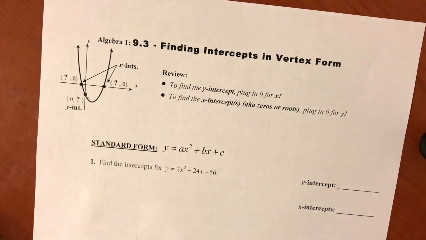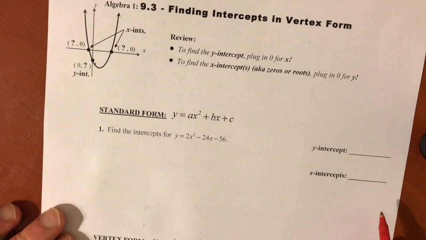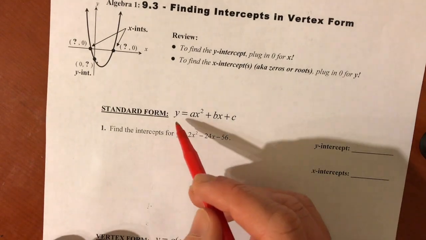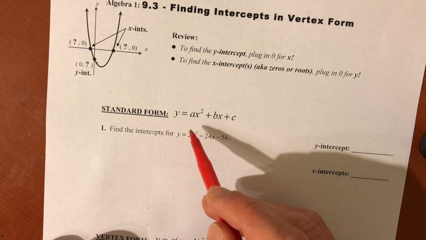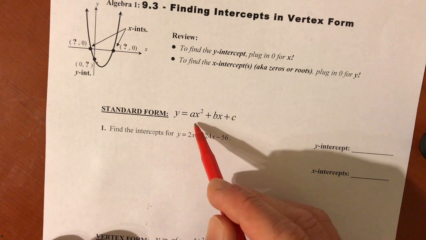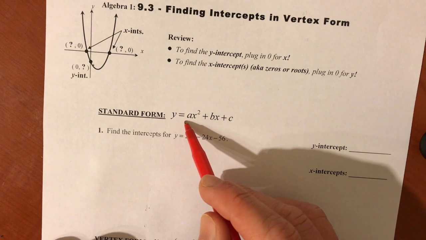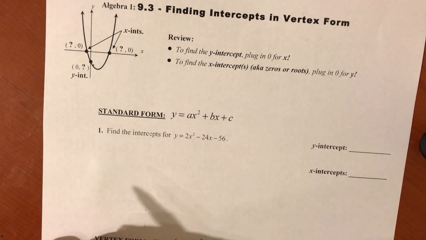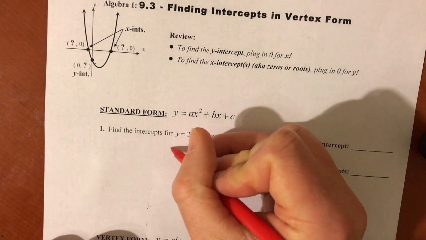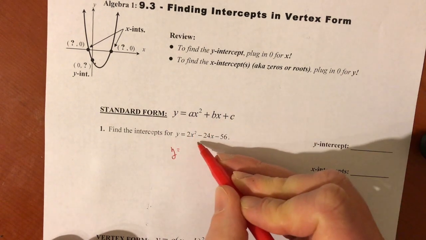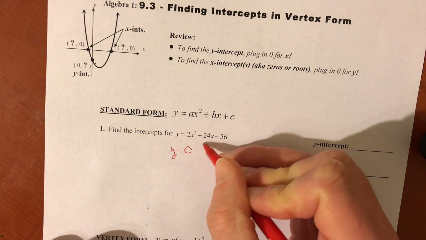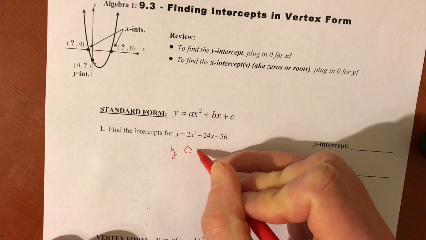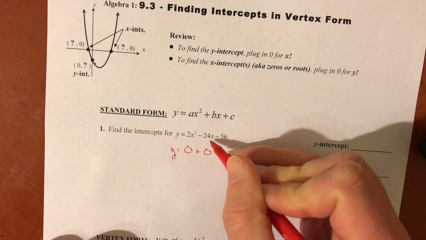Okay, back to this now here. Just to do one of these problems, which we've been doing already, but it should be quick, but it can't hurt to do one more. If it's in standard form, ax squared plus bx plus c form, let's find these intercepts. The y-intercept is really easy because we plug in 0 for x, and a lot of you have noticed that when you plug in 0 for x here, this part becomes 0, 0.